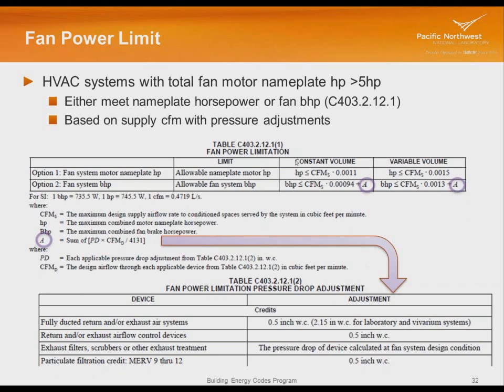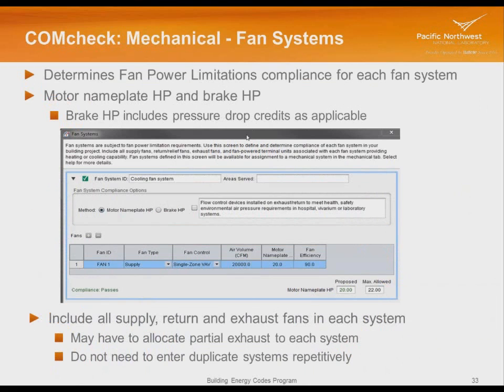So those are the different steps in understanding fan limit. You need to understand, is this fan variable volume or constant volume? It's constant volume if there's no variable speed drive or two-speed operation. It's variable volume if it does have a variation in volume included. And I do want to mention ComCheck.